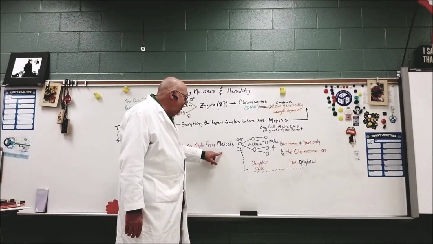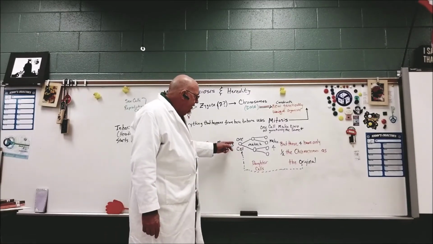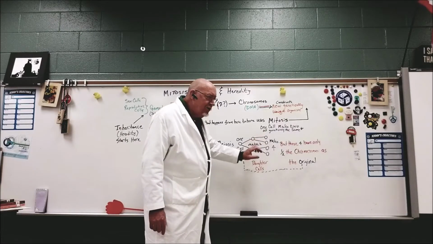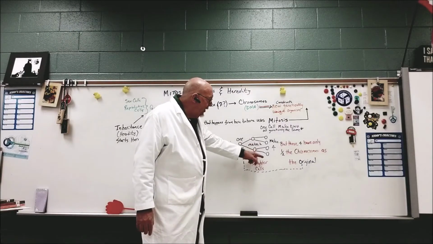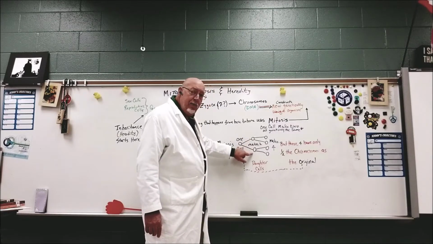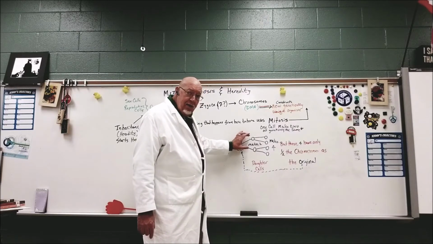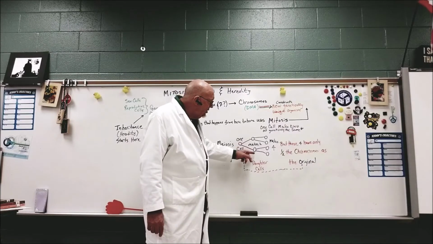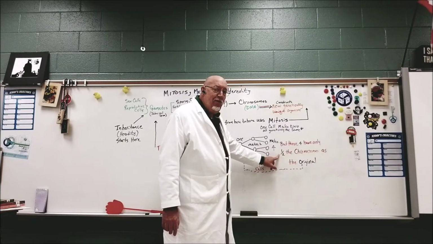But this meiosis part is a little bit more complex, though very similar insofar as we've got one cell that makes two, and then those two cells split into two other cells that divide the chromosomes between the two daughter cells made from these two cells. So this first division creates two cells, and that's called meiosis 1. And then these two cells split to make two more cells, which have half the number of chromosomes.